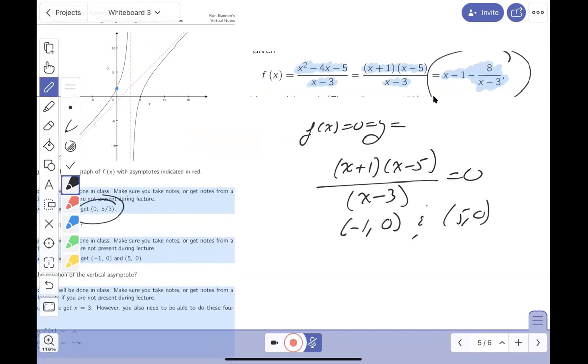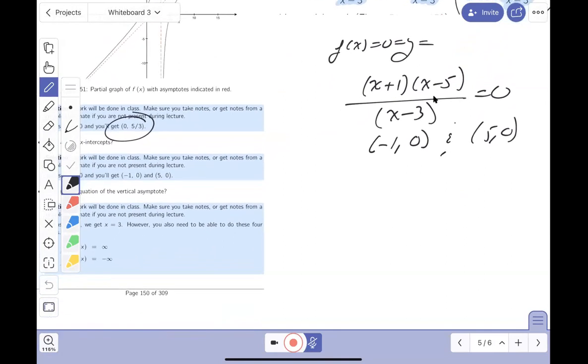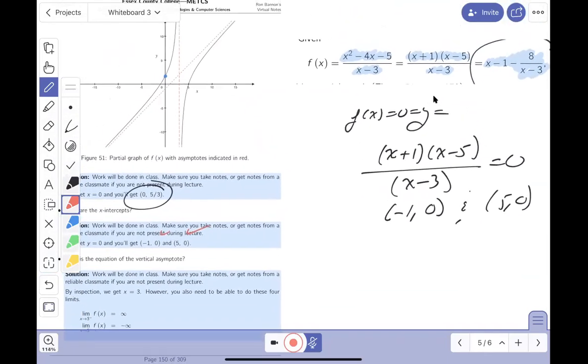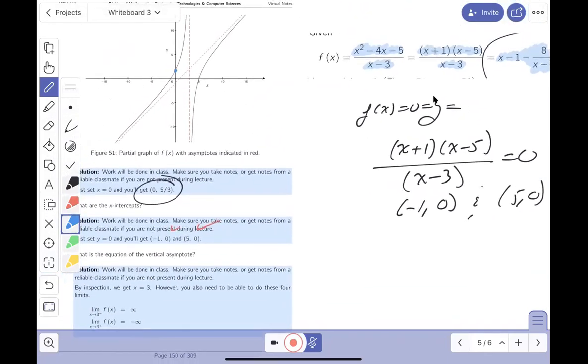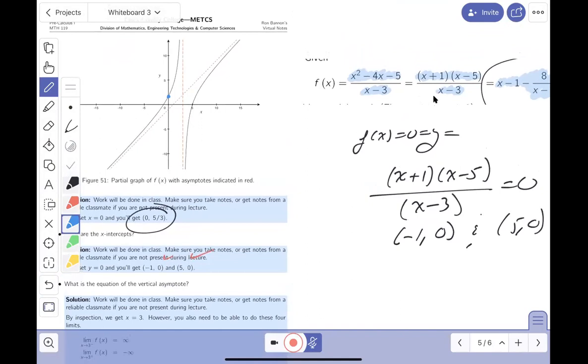Now, I want to look at my answer key because we want you to do that too and see if that's what they said. And that's what they said. Now, let's look at the graph, by the way. When I look at the graph, I really want to see if I see those things. I definitely see the 5, 0. It's right here. And I'm definitely seeing the -1, 0. That's done. I got that covered.